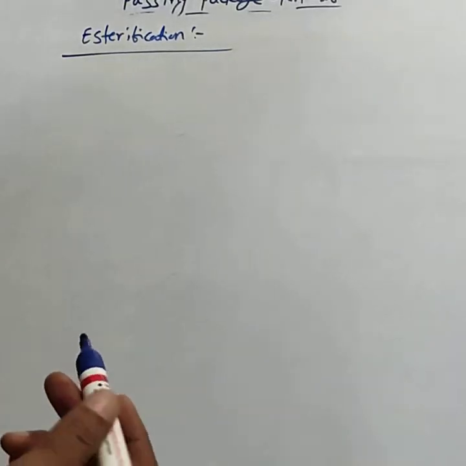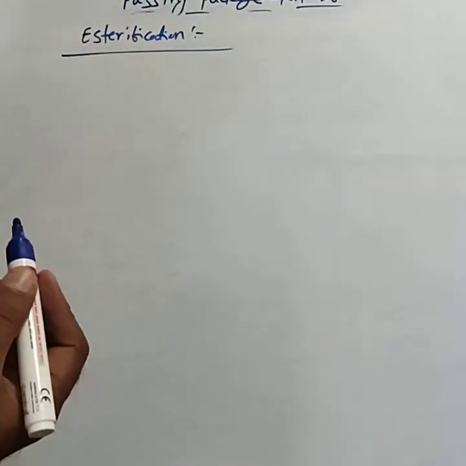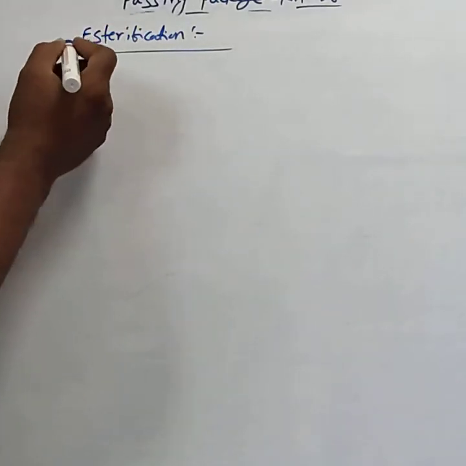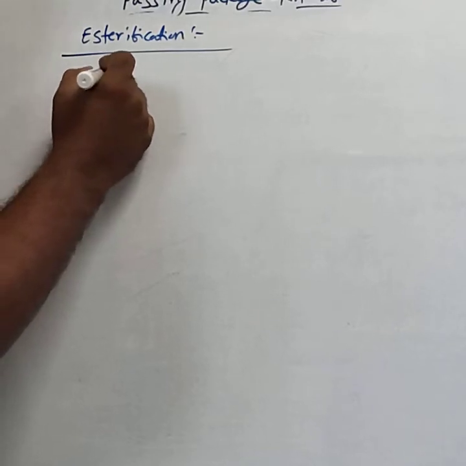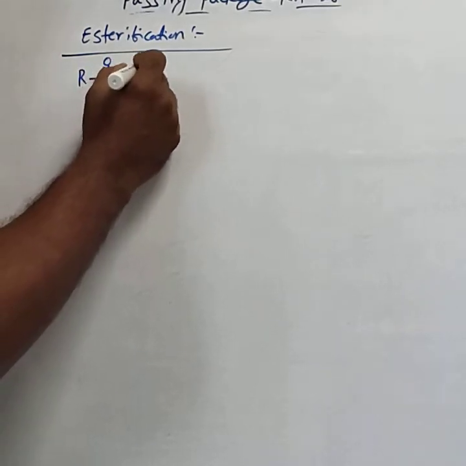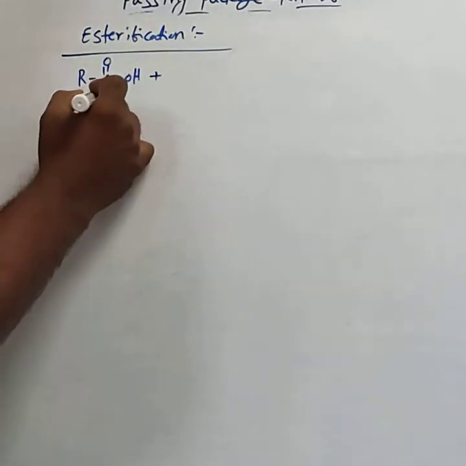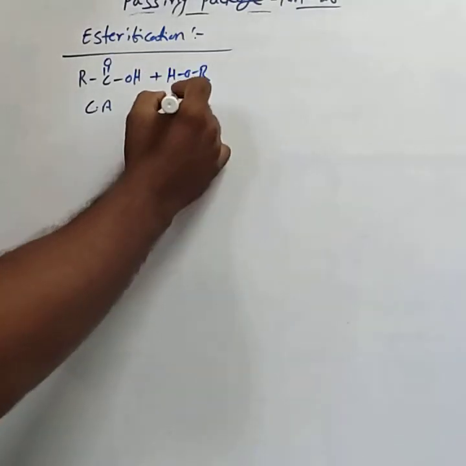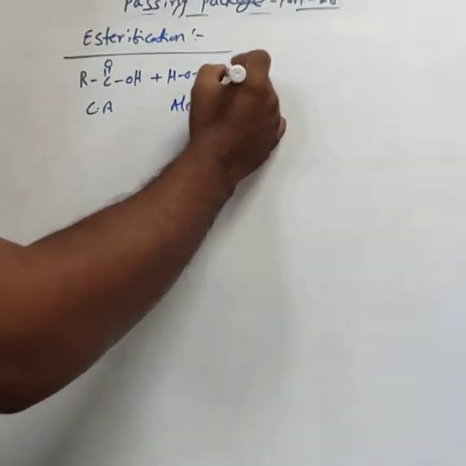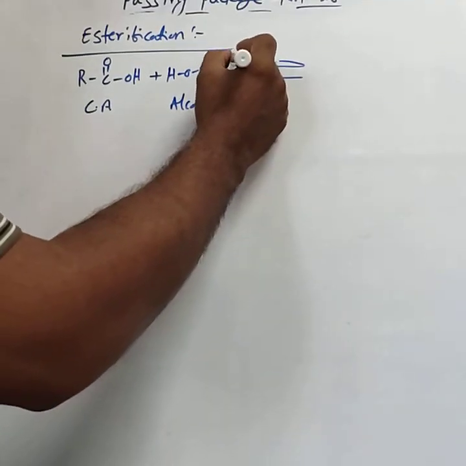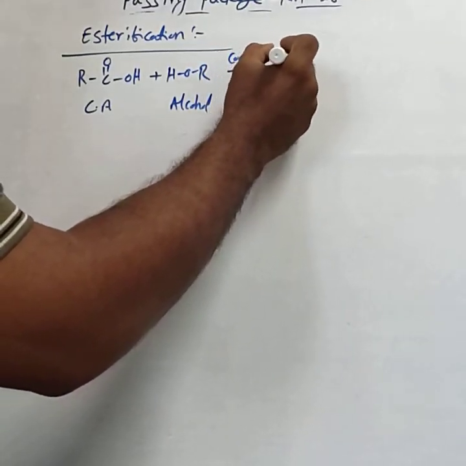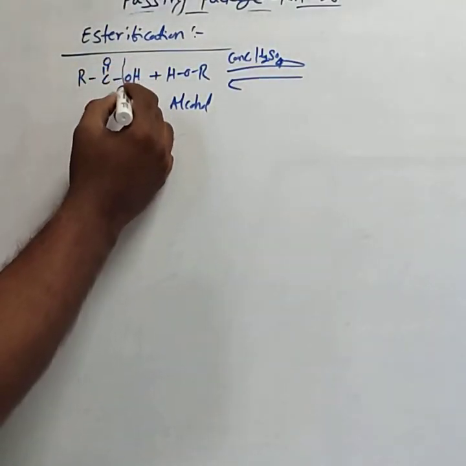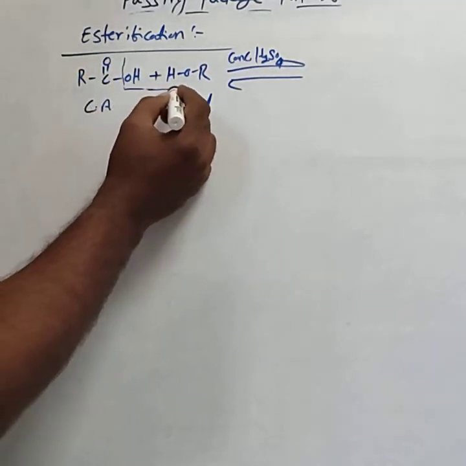Next, one more important reaction is esterification. In this esterification reaction, carboxylic acids, RCOOH, when treated with alcohol, ROH, in the presence of concentrated H2SO4, lose OH from the carboxylic acid and H from the alcohol.